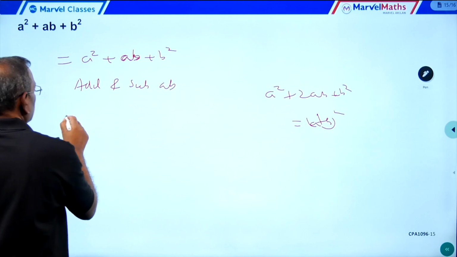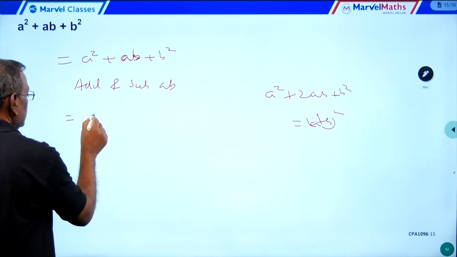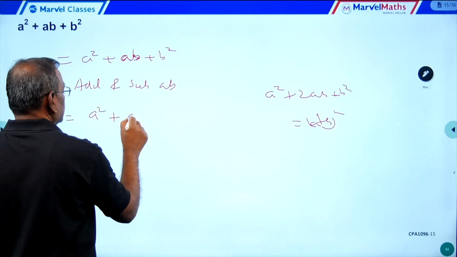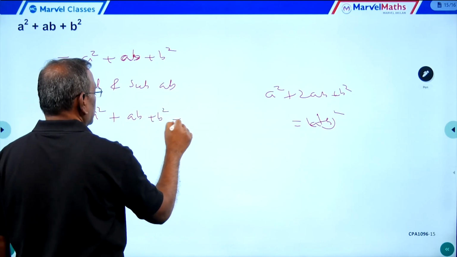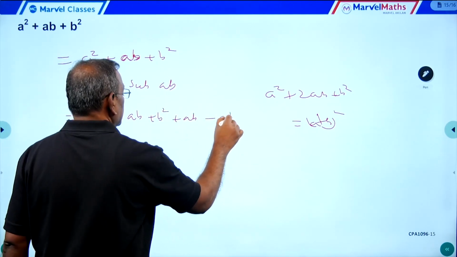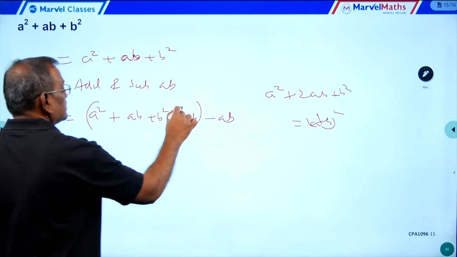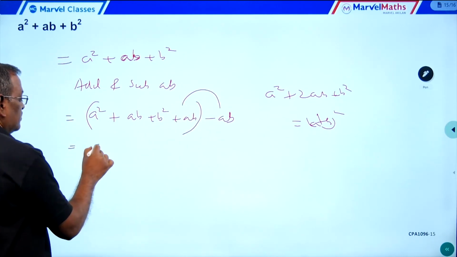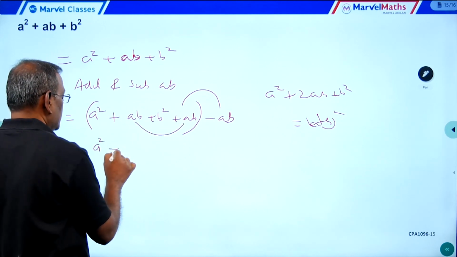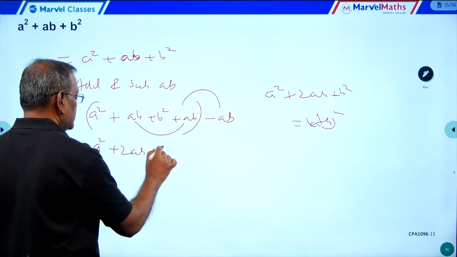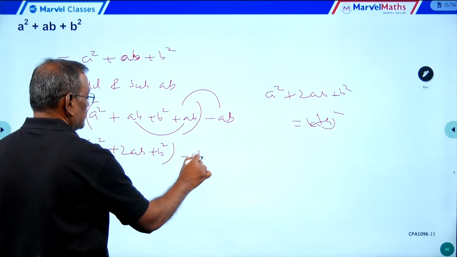ab. So what is the value becomes? A square plus ab plus b square plus ab minus ab. This is one group. Add and subtract. So which is equal to a square, if you group these two, plus 2ab plus b square minus ab.